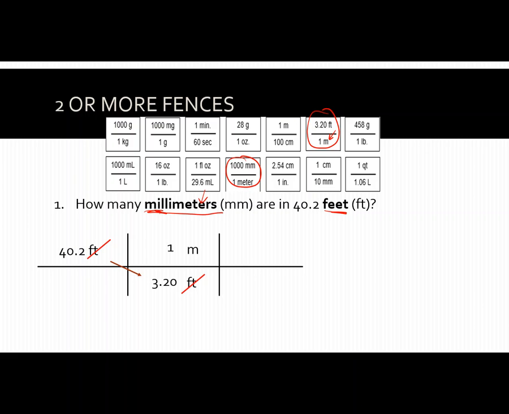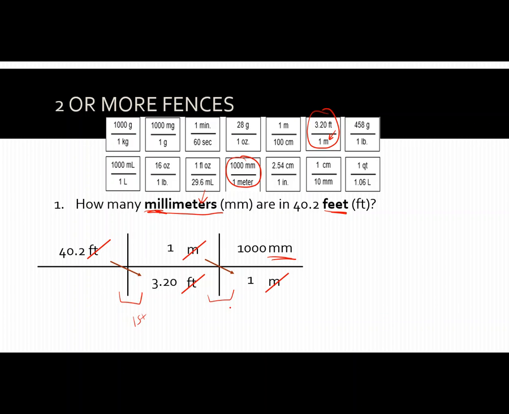I have to add another one to my chart. So now the meters go down on the bottom to cancel, and I put the millimeters on the top. And then I insert my conversion numbers. The 1,000 goes on the top next to the milli. The 1 goes on the bottom next to the meter. And the meters will cancel. So then the result is I end up getting my millimeters. So this is the first step.